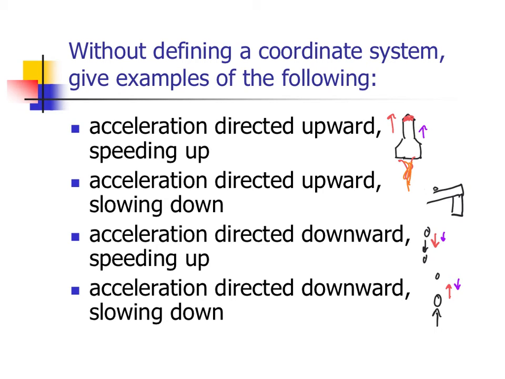So the hardest one to come up with: acceleration directed upward and it's slowing down. Because anything that's on... Wait, don't you... The last one, is that the ball coming?